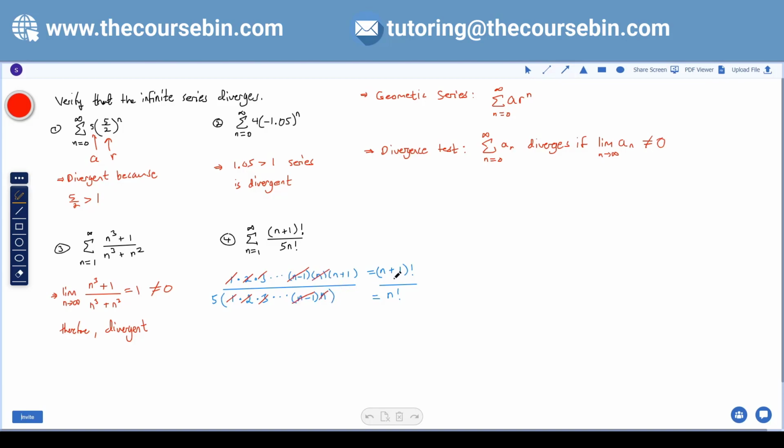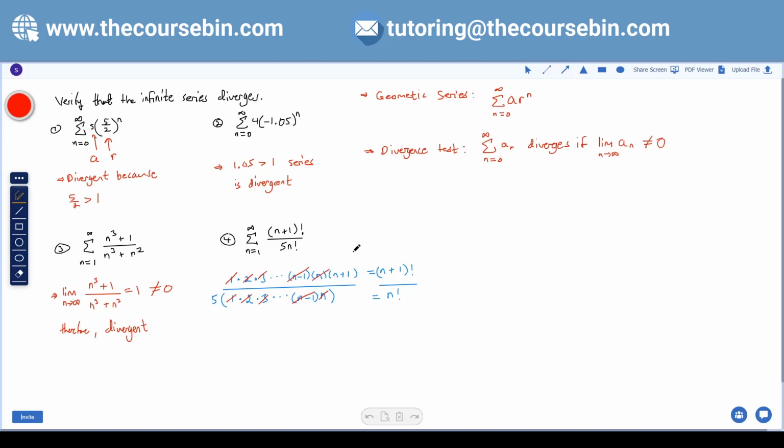So it looks like 5. Is 5 on the outside of all this? Yeah, it's on the outside because somewhere in here there's also a 5 that cancels with a 5. So all the values cancel except the last term here, the n plus 1.